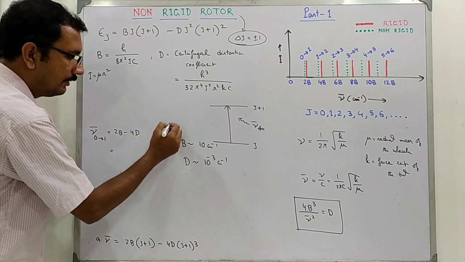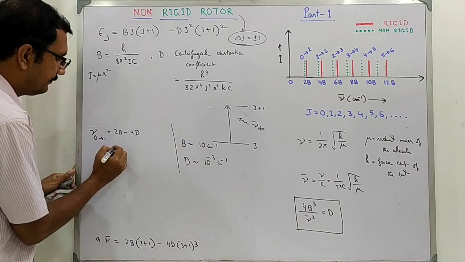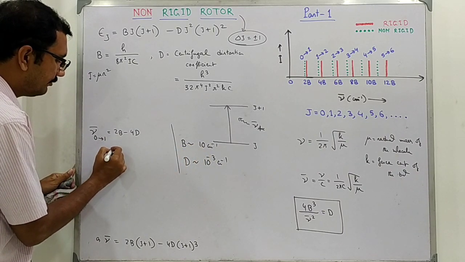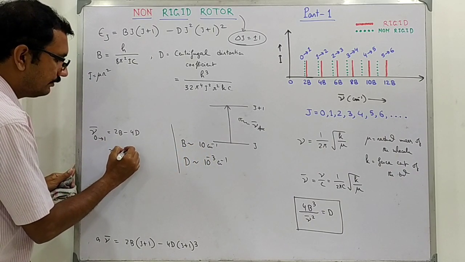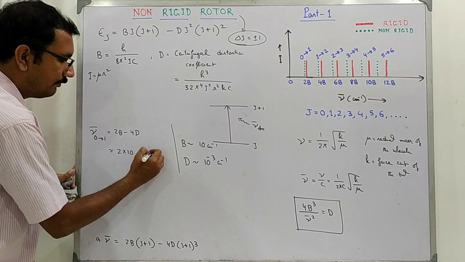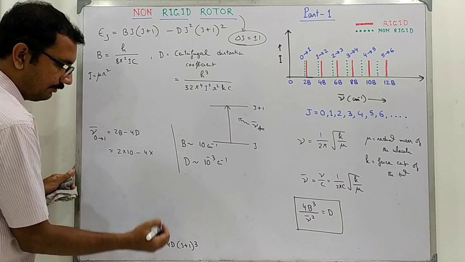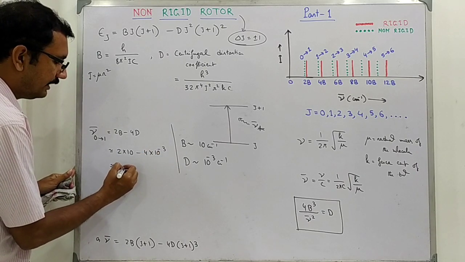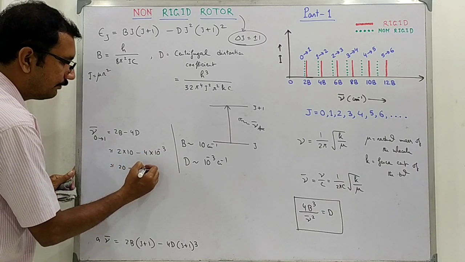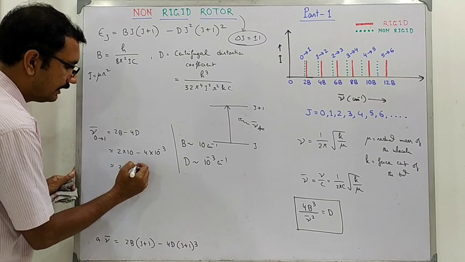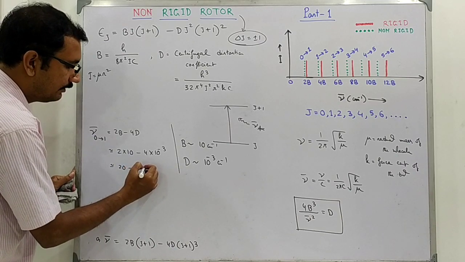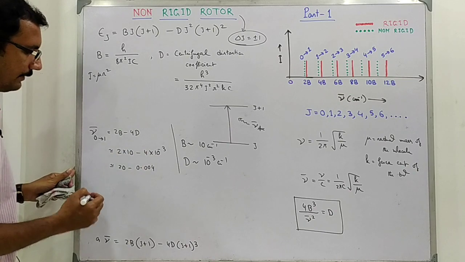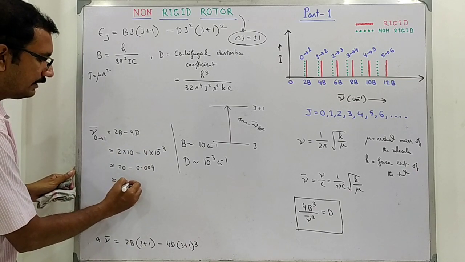Now, if we put these values, it will be almost equal to 2 into 10 minus 4 into 10 to the power minus 3. So, it will be 20 minus 0.004. So, it is almost equal to 20.